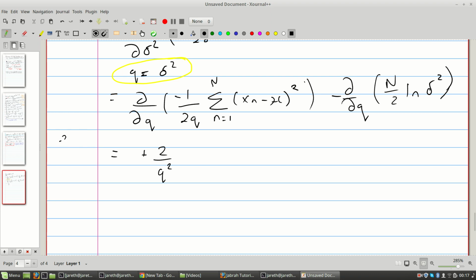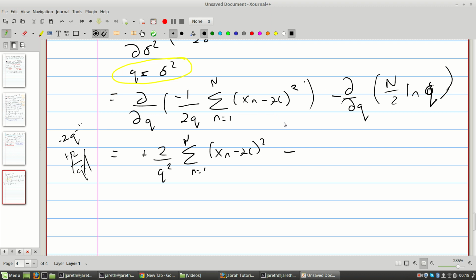So we get plus 2 over q squared times the summation from n equals 1 up to N of (xn minus mu) squared, minus the derivative of ln q, which is just 1 over q.